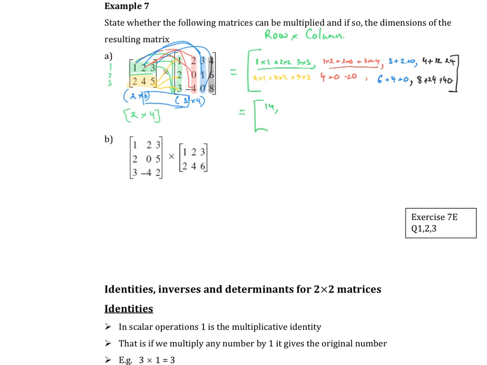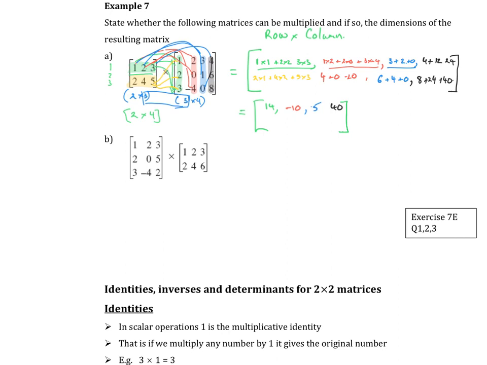Evaluate that element. So 1 times 2 is 2, plus 0 minus 12 is negative 10. 3 plus 2 plus 0 is 5. And then 4 plus 12 plus 24 is 40. So that's the end of that.